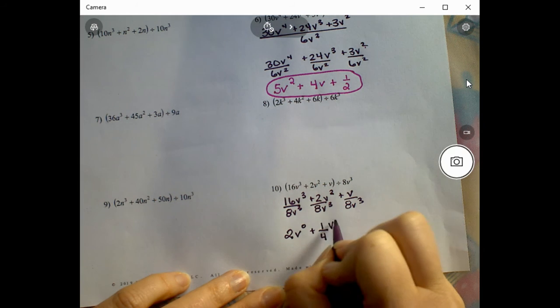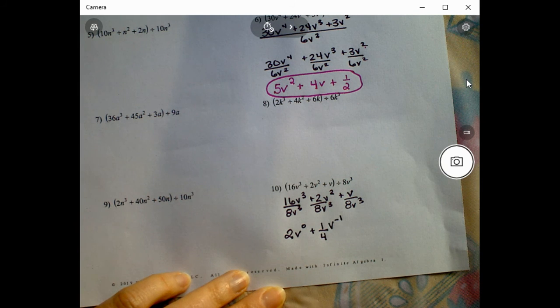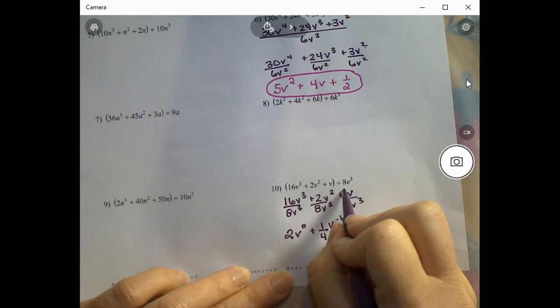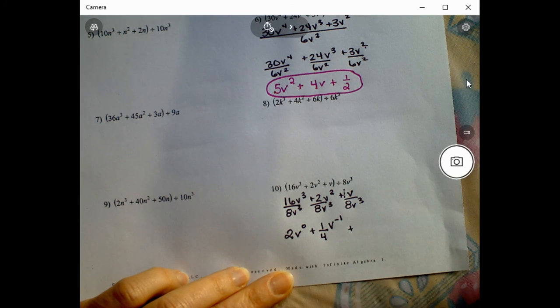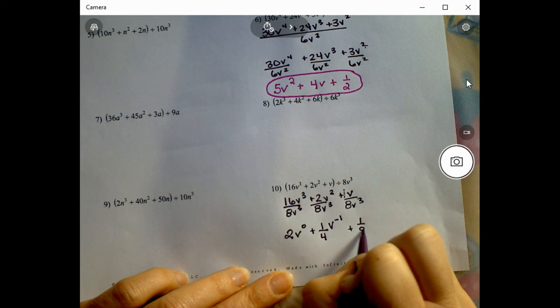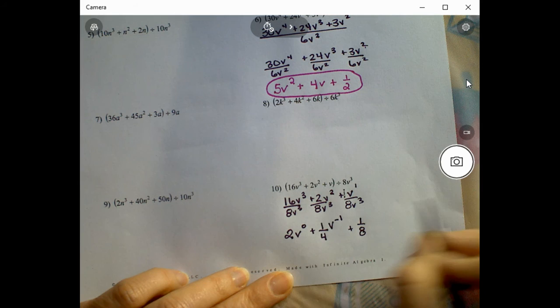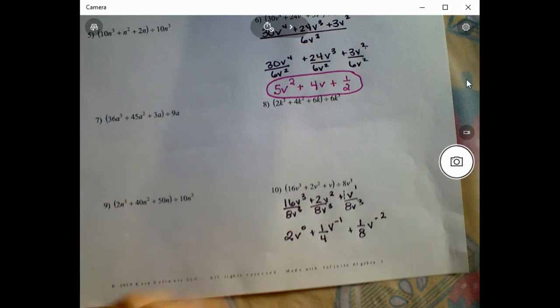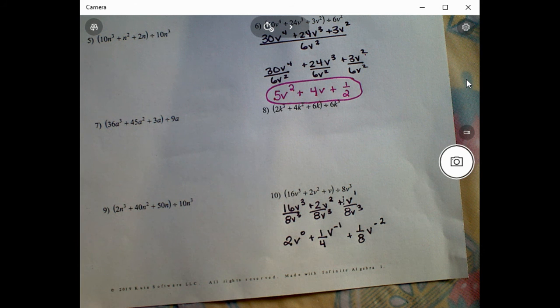That equals v to the -1, which is not something that we've talked about before I made this video, at least. All right, and the last one, 1, there's an implied 1 over 8, simplifies to 1/8. And we have v to the 1 minus 3, v to the -2. All right, that looks kind of funny.